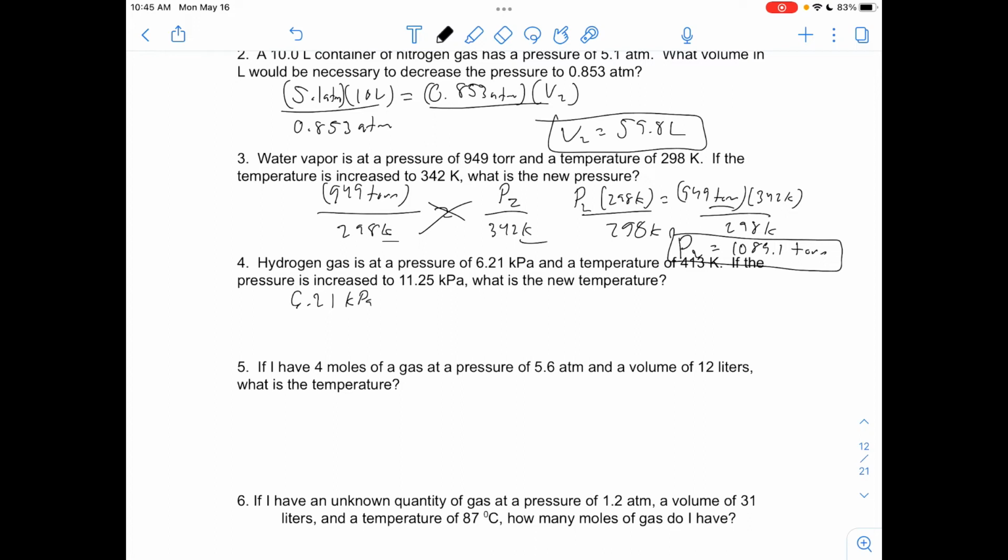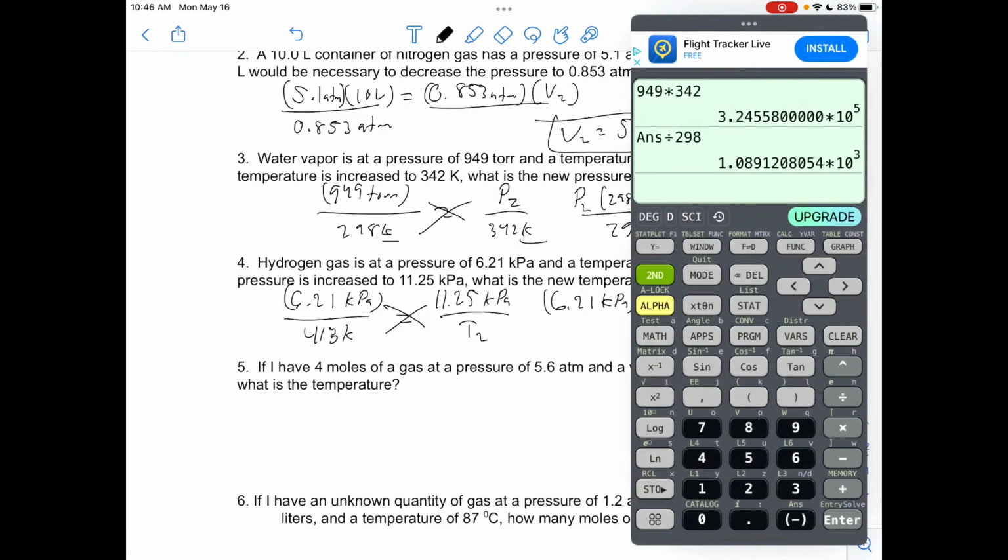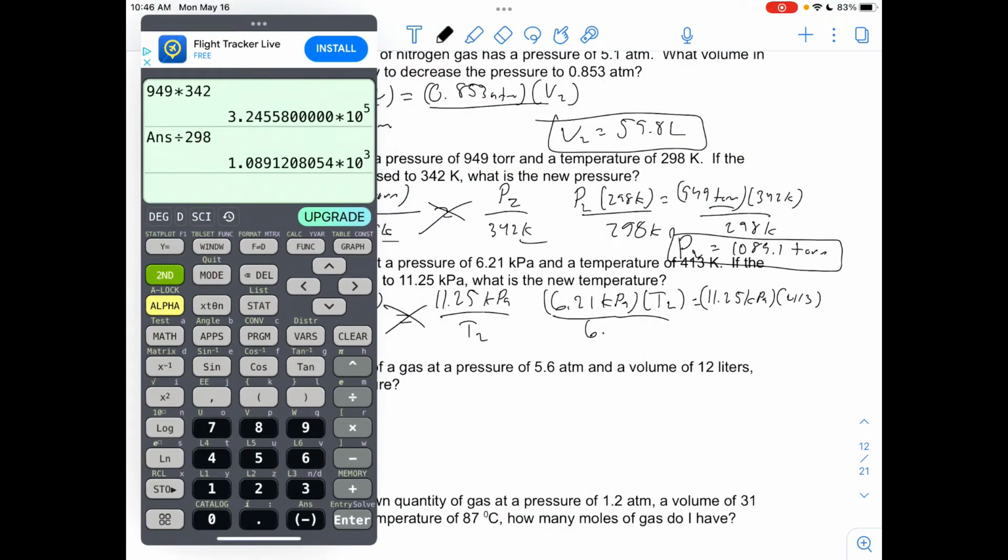Okay, hydrogen gas, 6.21 kPa, and temperature of 413 Kelvin. Pressure is increased to 11.25 kPa. We're looking for the new temperature. Again, we're going to cross multiply. 6.21 kPa times T2 is equal to 11.25 kPa times 413.